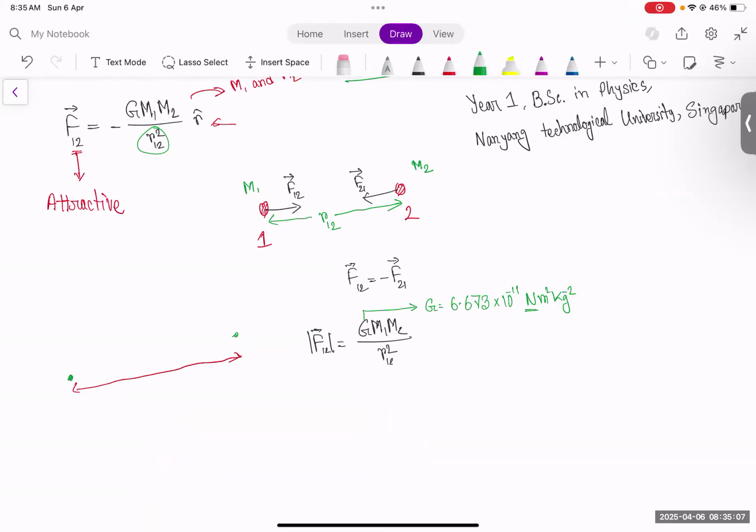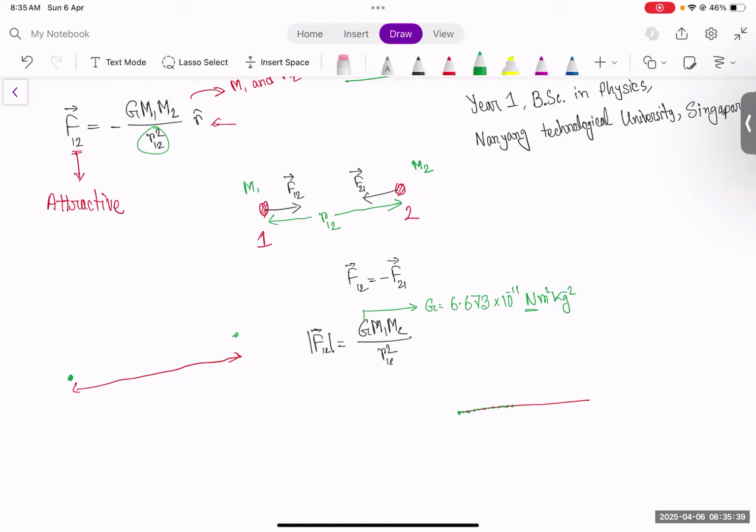But wait, I'm not always going to work with point masses. What do we do if we don't have a point mass? What if we have an extended object? The general approach is to integrate this force over all the points. Because if you have an extended object, let's say a rod, you can consider that this rod is made up of a lot of point masses, and then you can integrate to find the net force over all of them.